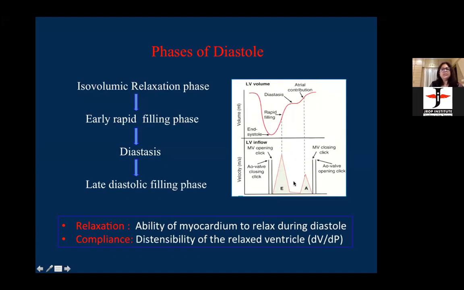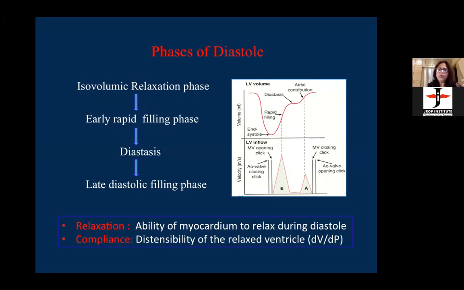Now we see that 80% of the filling of the ventricle is normally complete in the early rapid filling phase. As a result of that filling, the LV pressure again rises, and there is almost equalization of the pressure inside the LV and the LA.